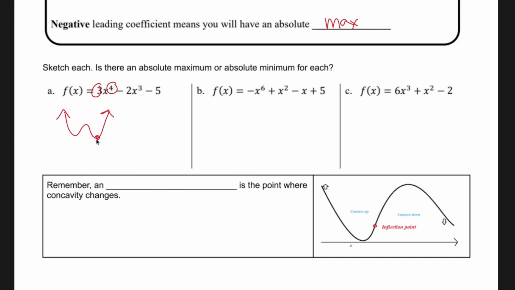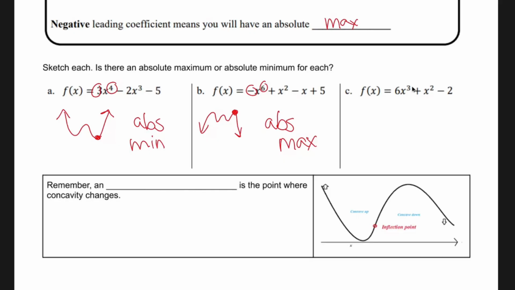So we are guaranteed an absolute minimum. This guy is a negative degree of 6. So this is going to start from the bottom, bump, bump, bump, bump, bump, and end down there. So we are guaranteed an absolute maximum.